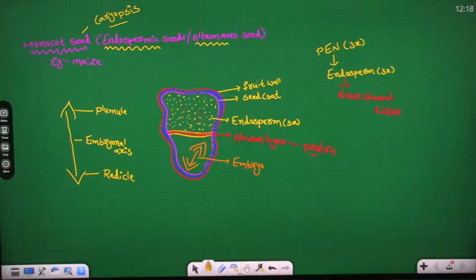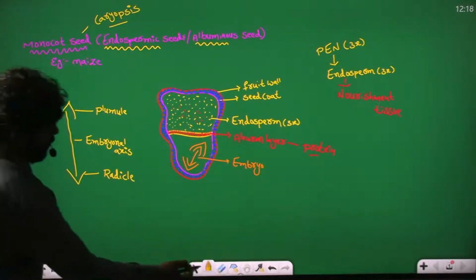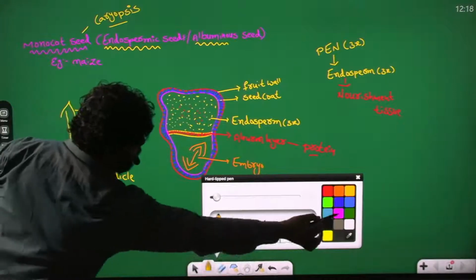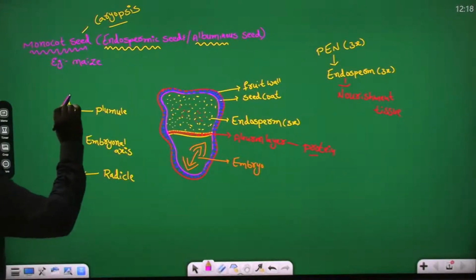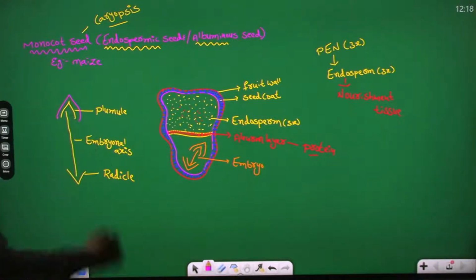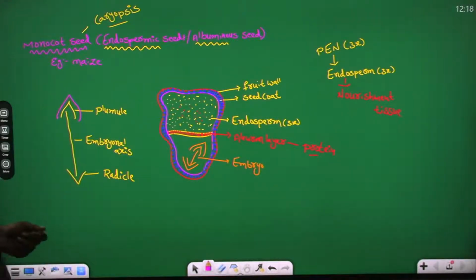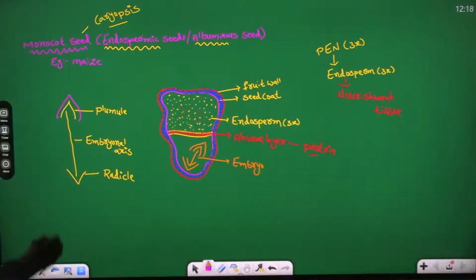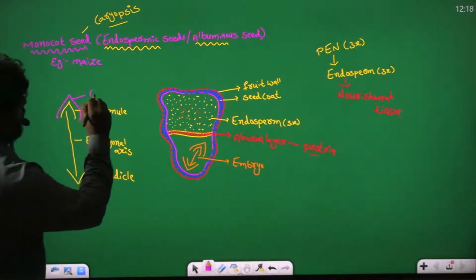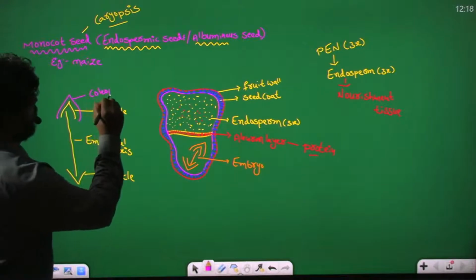The lower tip of the embryonal axis is called the radicle. Okay. See, listen carefully. This is the plumule. This plumule is protected by one protective layer. That protective layer is called the coleoptile.